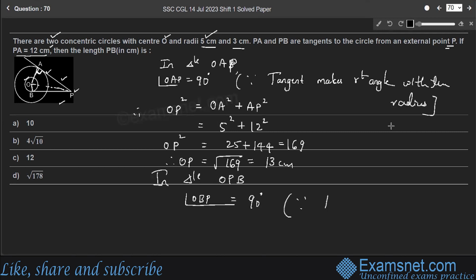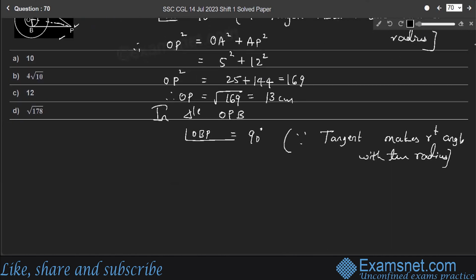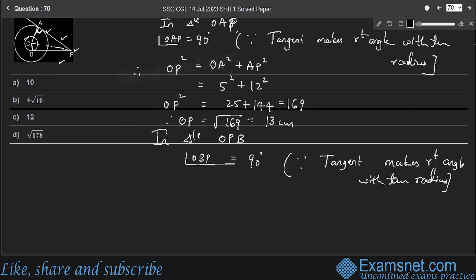Again the same reason, tangent makes a right angle with the radius at the point of contact. Therefore, we can apply Pythagoras theorem again. So OP square, the square of the hypotenuse, is equal to OB square plus PB square.